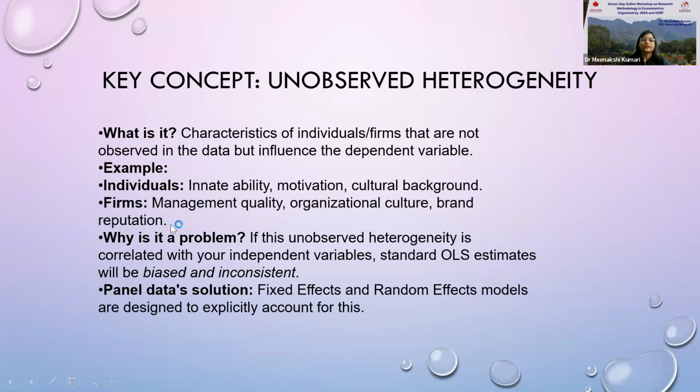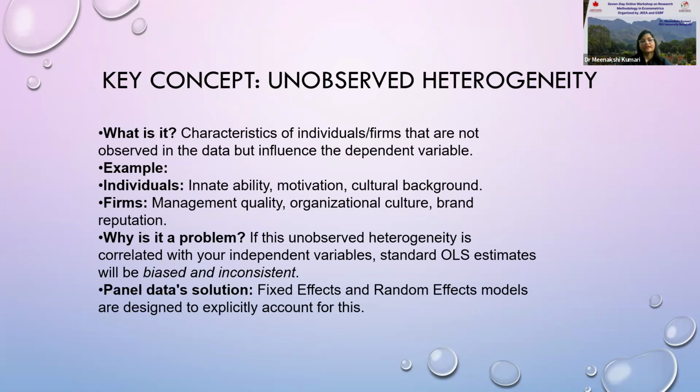So we have different concepts that you need to understand. One is unobserved heterogeneity. I spoke about what it is and why we talk about it so much. These are characteristics of individuals or firms that are not observed in the data, but sometimes influence the dependent variable, like innate ability of a person, motivation, cultural background, firm shocks, management quality, organization culture, or a company's brand reputation.